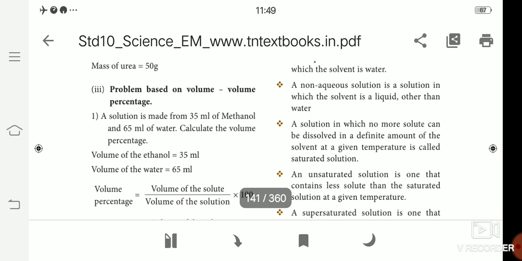And the next one, the problems on how to calculate solubility and mass percentage. So this is your homework.